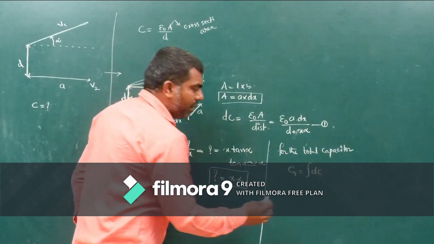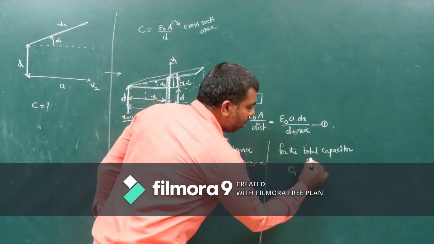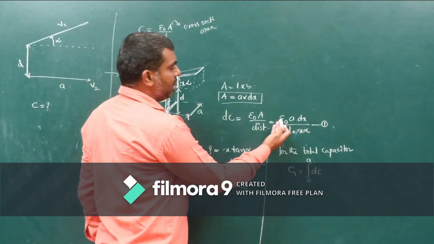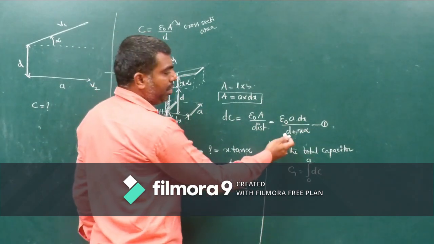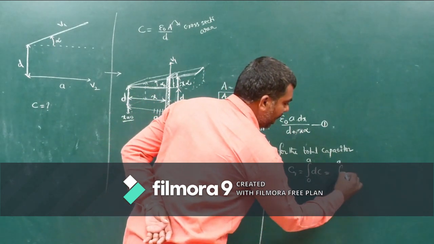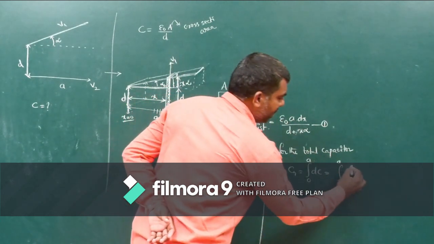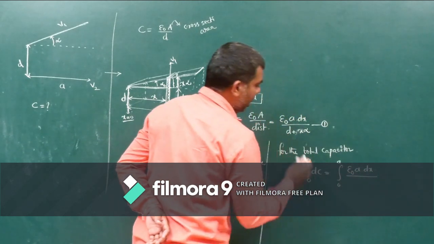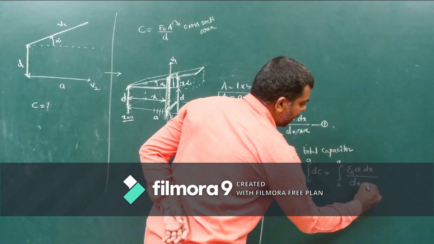So limits for the integration are 0 to a. Now let me write what this is. This is equal to epsilon naught a dx by d plus x alpha, integrated from 0 to a.